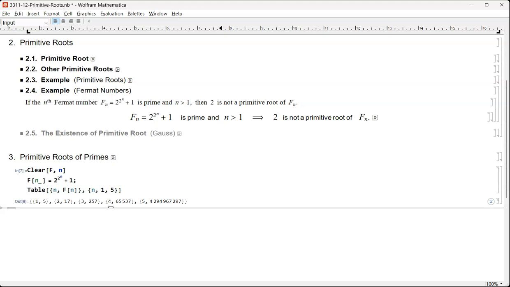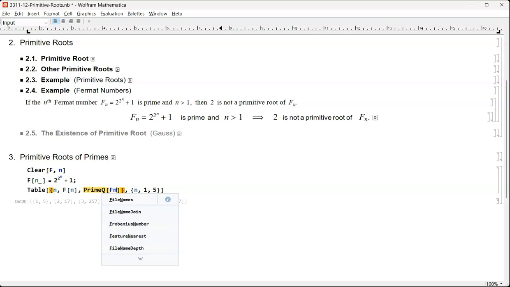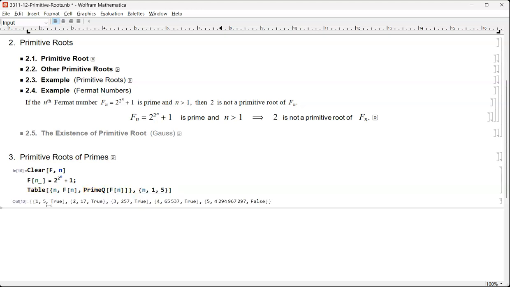N is 4, then this number, and it turns out this is prime as well. N is 5, I don't think this is prime. Okay, true, true, true, true, and then false. Those are the first 5 Fermat numbers.